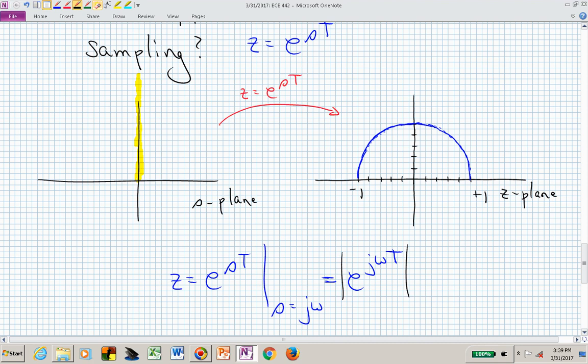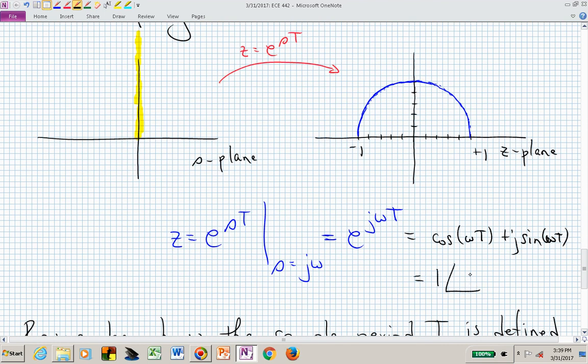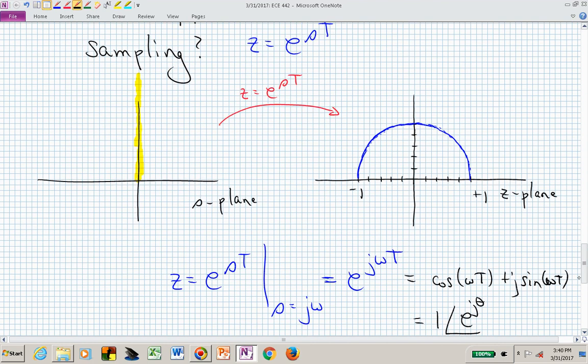Because of the Euler formula, this is the cosine of omega T plus j sine omega T, and I hope you can see that the magnitude is the square root of cosine squared plus sine squared, which is 1, and the angle is just the inverse tangent of sine omega T over cosine omega T. So that's really going to be magnitude 1 at an angle of e to the j theta, where theta is the angle that has the tangent of sine omega T over cosine omega T, which really means that we are now mapping each point on the j omega axis into points on the unit circle when we replace s with j omega.